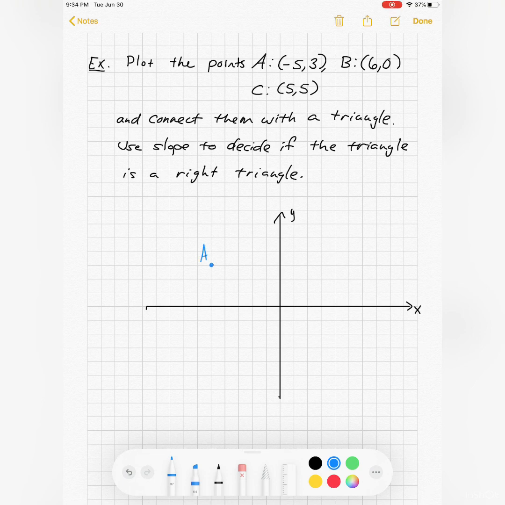B is 6, 0. And C is 5, 5. Connect them with a triangle. Okay.